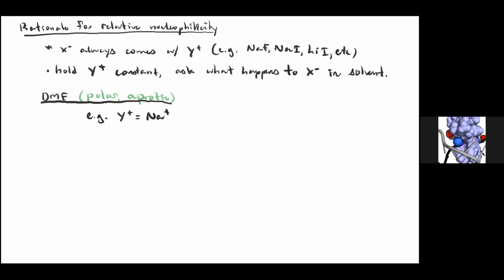What specifically does the solvation look like? You get coordination of the solvent, in this case for DMF, the carbonyl oxygen to the cation.